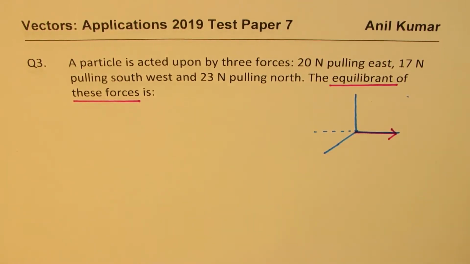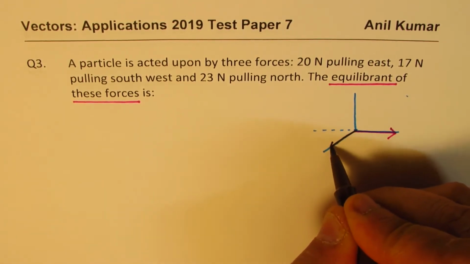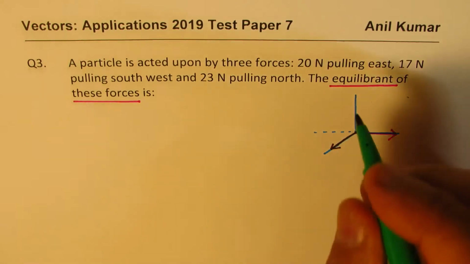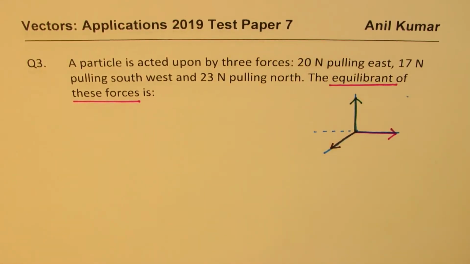And then we have another force which is 17 newtons pulling southwest, right? So this is, let us say, southwest for us. And then we have the third force which is acting north, 23 newtons. Let's say that is our 23 newtons. Correct?